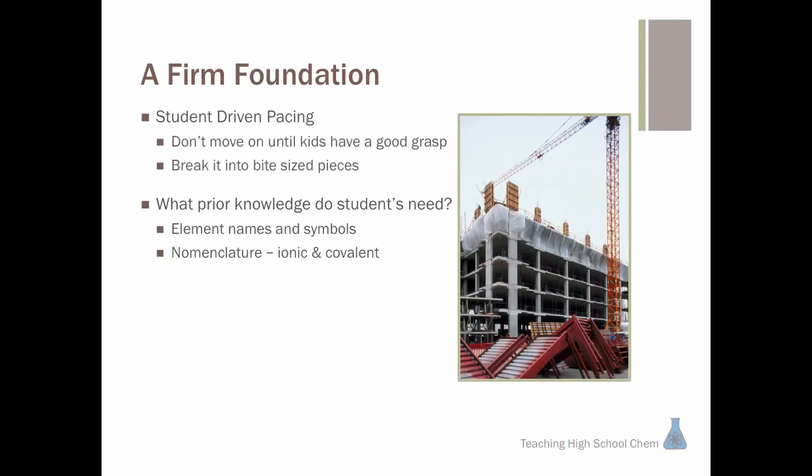But they've got to know nomenclature, because if you're trying to get a kid to work on a reaction and they're trying to figure out the formula, and it's still really time consuming for them, or something they still get wrong 50% of the time, then they're going to have issues and be behind the eight ball. So it's worth taking the extra time to make sure they are really grounded here, because it just saves you headaches. Like I said, this is what I call the middle step in a group of 3.